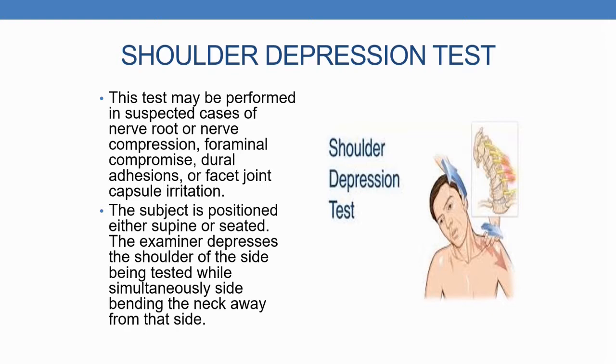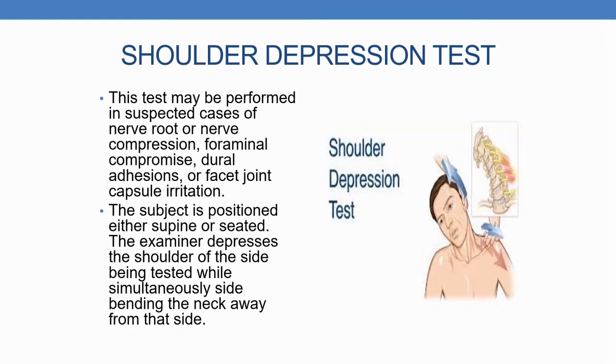application of this maneuver. The subject is positioned generally in the seated position, and the examiner first depresses the shoulder of the side being tested, and then simultaneously side bends the neck away from that side.